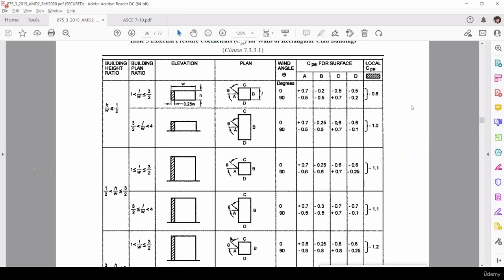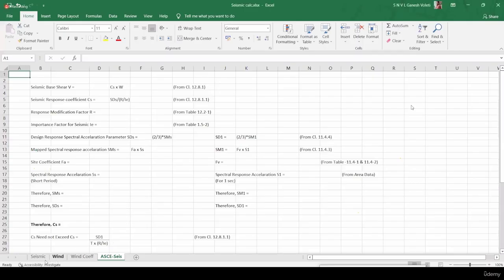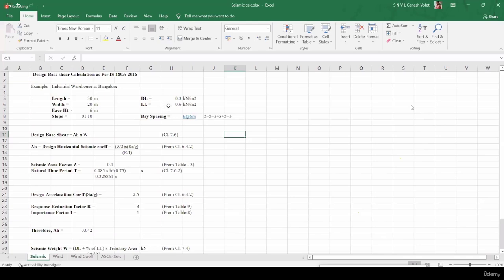Sir, the live load value has been taken as 0.6 in your Excel sheet. But in the Indian code, I think the minimum live load should be 0.75 when access is not given, or 1.5 when access is given. So it should be 0.75. No, I'm just taking this as an example. This is not a project I have done.